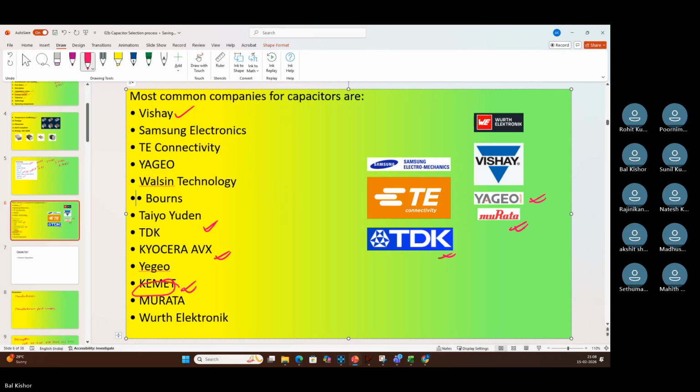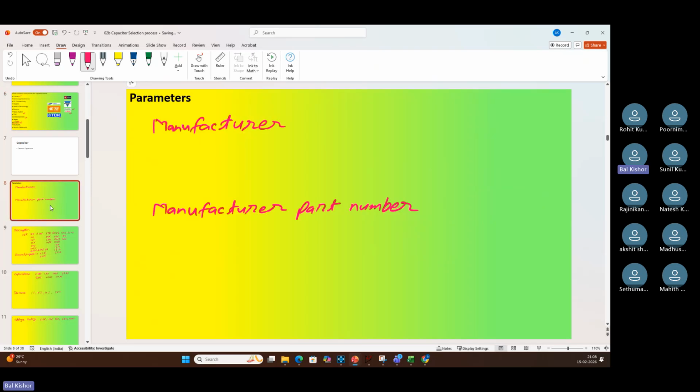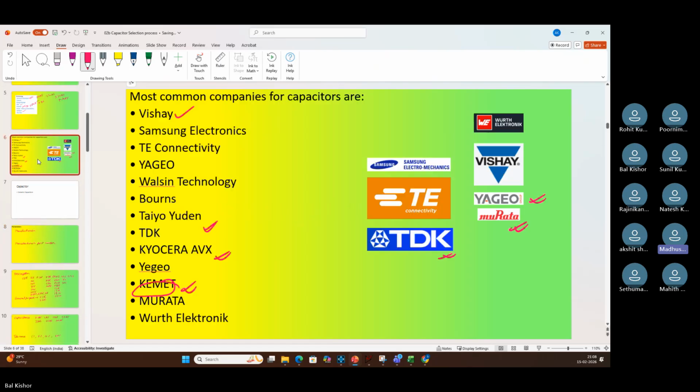Okay. So as I already mentioned, we have these manufacturers. You told TDK is very accurate, right? Yeah, it is very accurate as well as very low ESR. Okay. And what I observed is it comes with a similar cost, not much difference. I'm not talking about cost. I'm talking about accuracy.